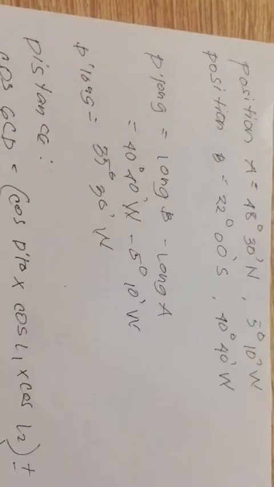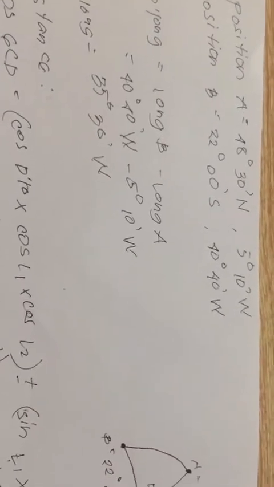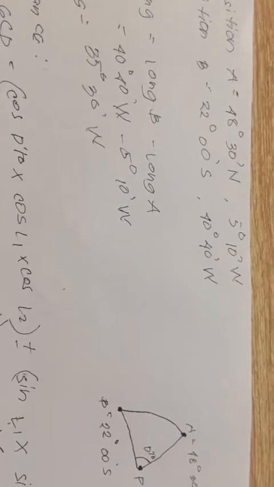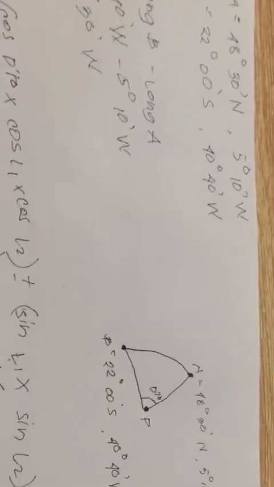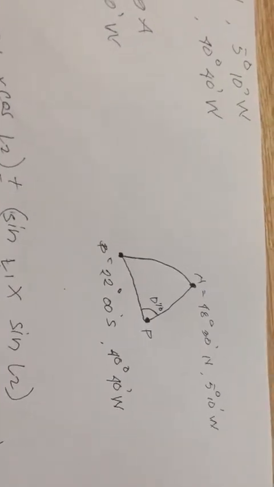The next step is that we are going to get the distance. The formula of the distance is: cosine GCD is equal to cosine D long times cosine latitude A or latitude 1 times cosine latitude 2 plus or minus sine latitude A or latitude 1 times sine latitude 2. So let's substitute.